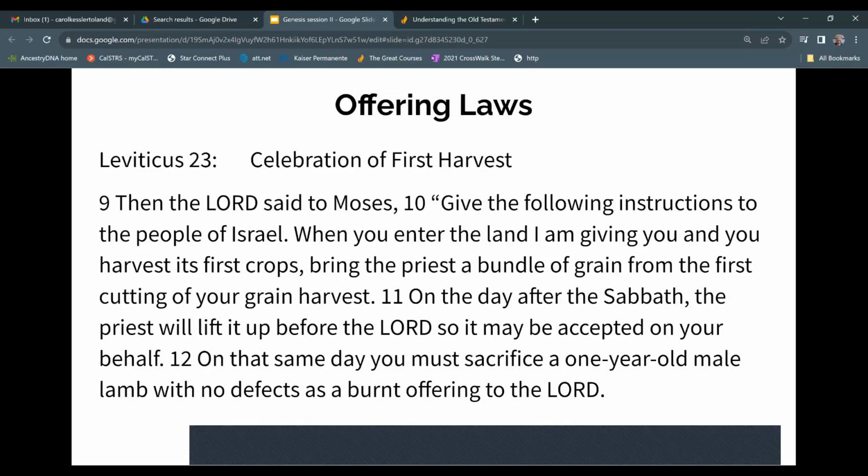So let's take a little look at some of the offering laws of this time. And how did people even know what to do? This is one of the ways we know that these stories are written long after the fact, because we're describing Cain and Abel, who are the sons of Adam and Eve, which would be the original creation according to Jewish tradition and Old Testament writing.